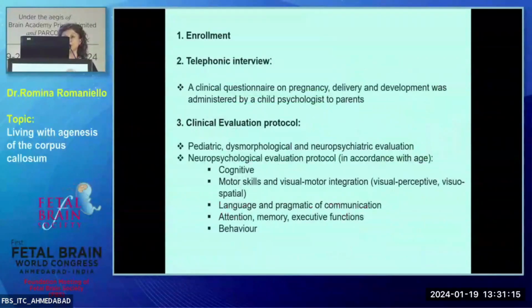At enrollment, a telephonic interview was administered, a clinical questionnaire on pregnancy, delivery, and development, given by a child psychologist to parents. And then a clinical evaluation protocol was performed: pediatric, dysmorphological, and neuropsychiatric evaluation, and a neuropsychological evaluation protocol in accordance with age, with cognitive, motor skill, visual motor integration, visual perceptive, visual spatial, language and pragmatics of communication, attention, memory, executive function, and behavior.